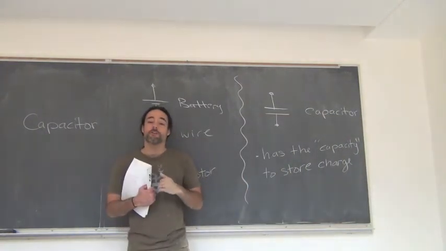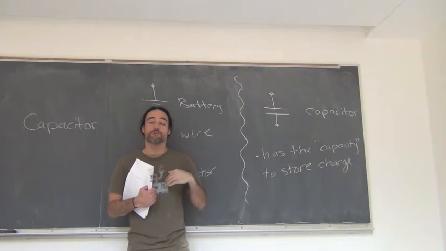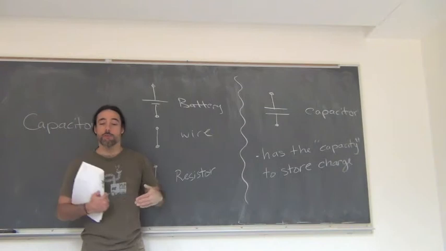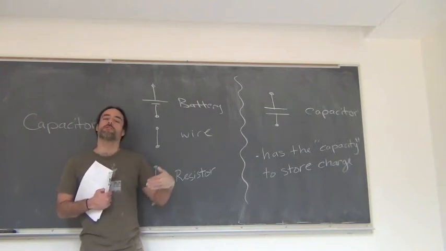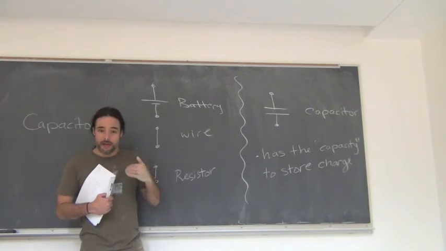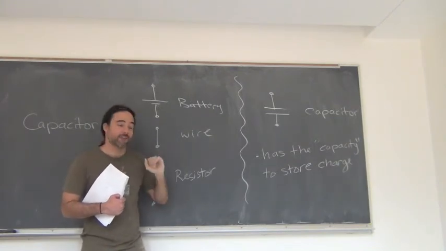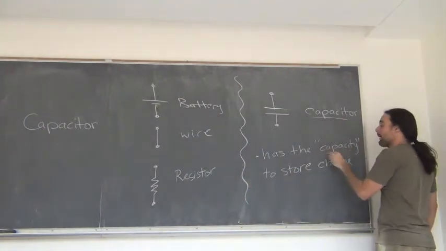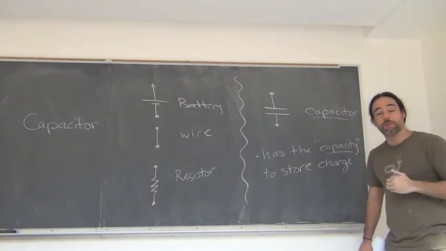So if I have a part of my circuit where the charge is going to get stuck, I connect all my wires to the battery, and there's some place where charge starts to build up, that's going to have some capacitance, is what we would say. So a capacitor has some capacity for storing charge, which is why we call it a capacitor.